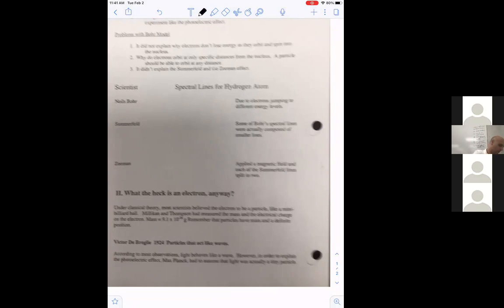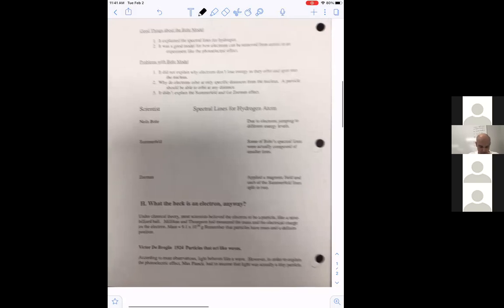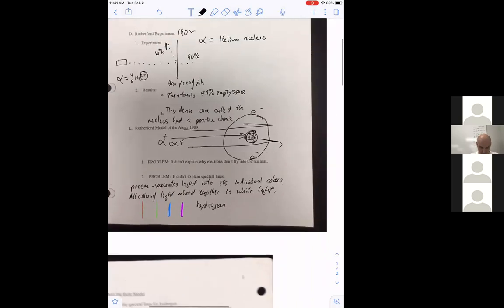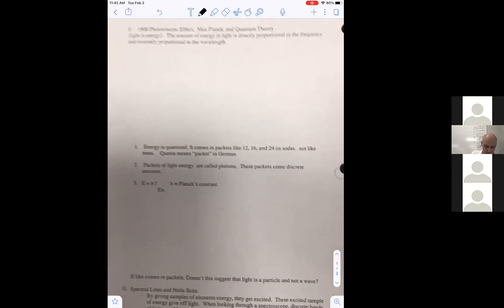All right. So the next thing is the photoelectric effect. So Max Planck was studying electricity in the early 1900s.